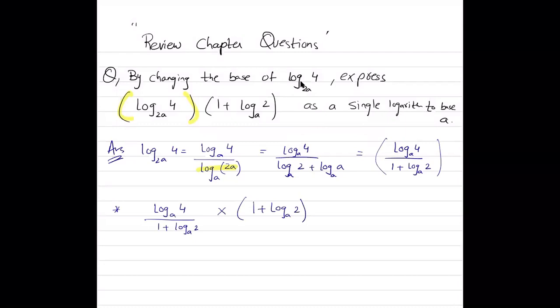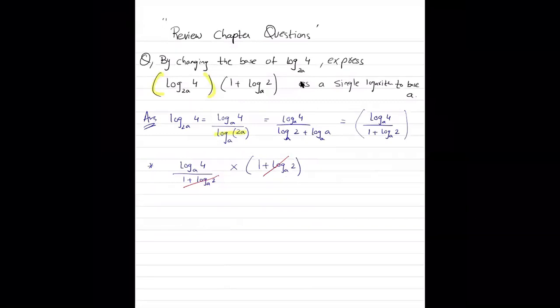Now, if you closely observe, the denominator and this numerator are the same. So I can cancel out 1 plus log to the base a of 2. So the final answer is just going to be log to the base a of 4. Fine? Okay.